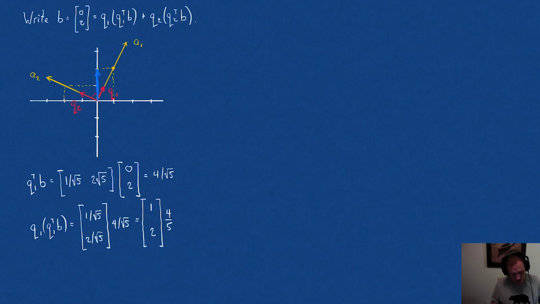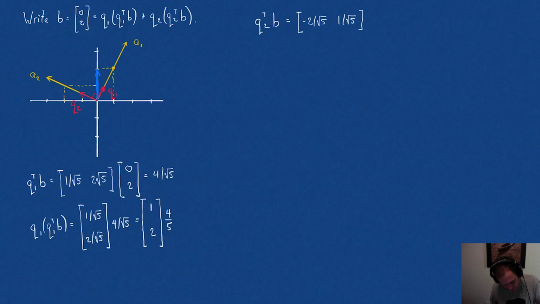Now let's do this again for the Q2 components. So let's start with Q2 transposed B. Well, Q2 is minus 2 over root 5, and then 1 over root 5, times B, which is 0, 2. Well, this is going to give me 2 over the square root of 5.